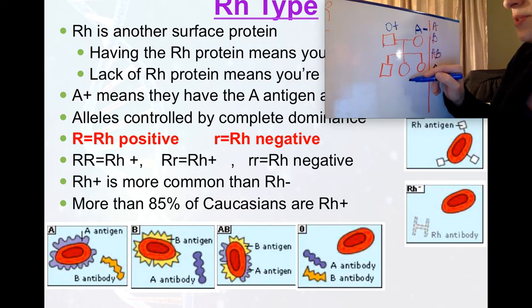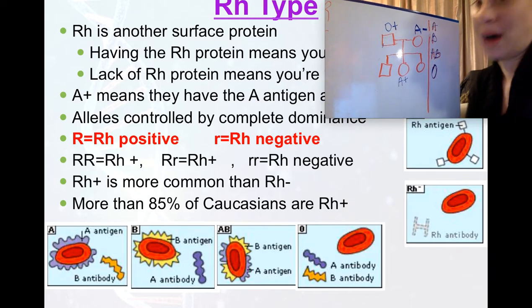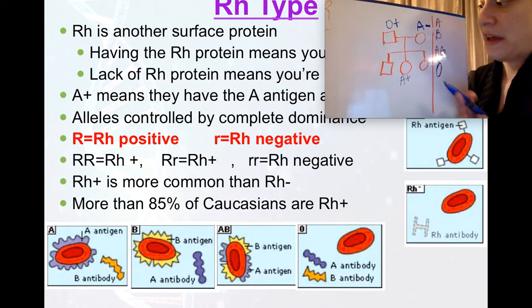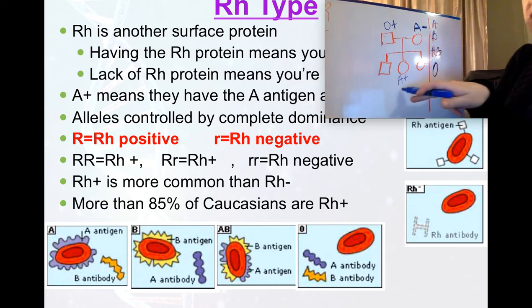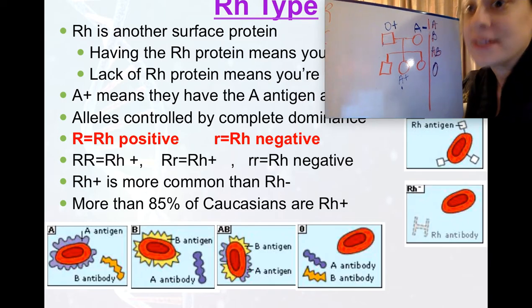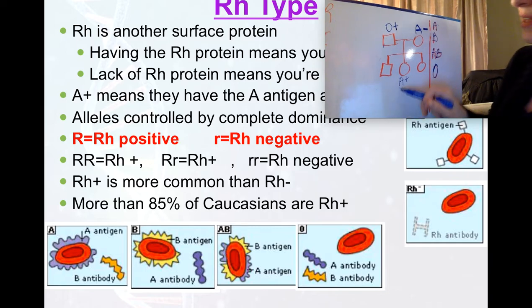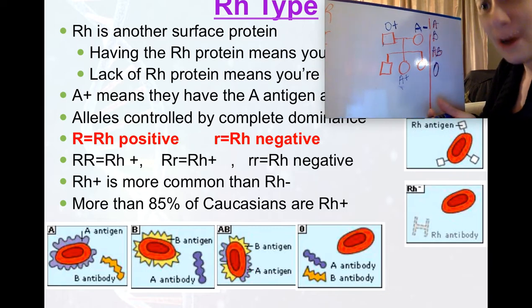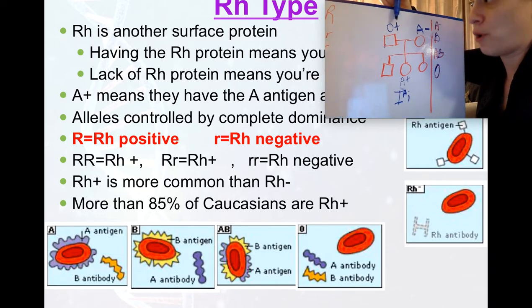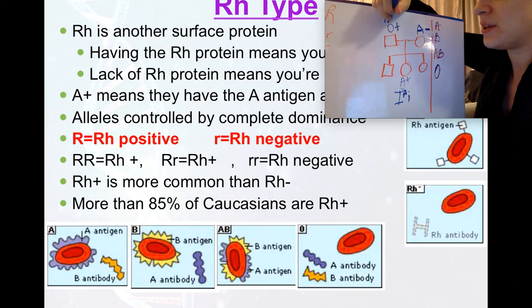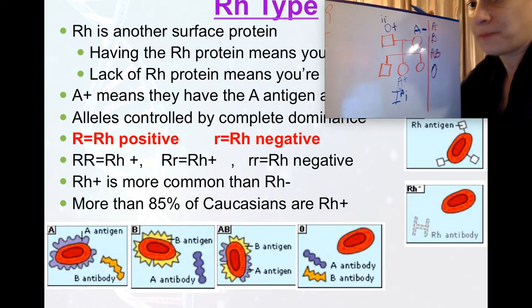Well, this daughter could be a variety of different genotypes, but let's say that this daughter is blood type A positive. So the question is, if the daughter's blood type A positive, can we know definitively what her genotype is based on the parents? And the answer here is yes. Because this person is blood type A, it could be homozygous or heterozygous, but it must be heterozygous because the father is type O blood and only has the recessive i allele to pass down.